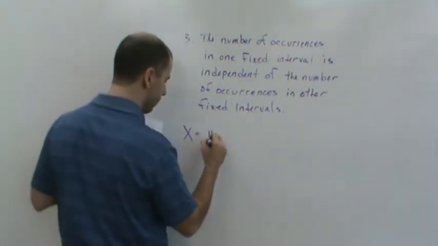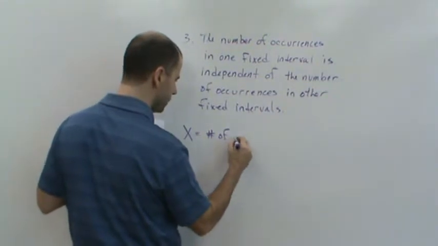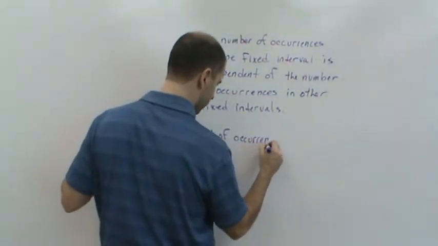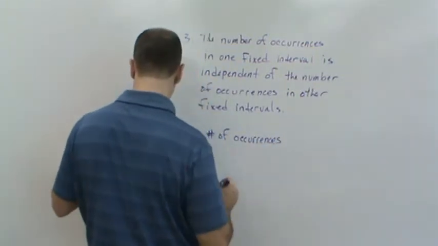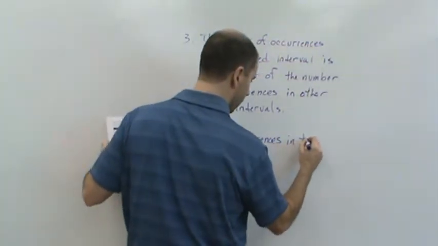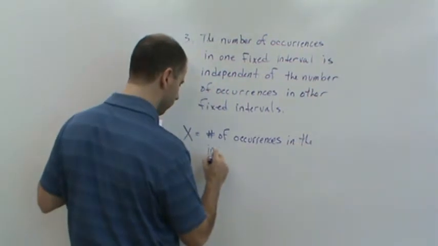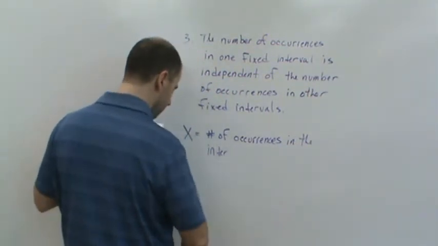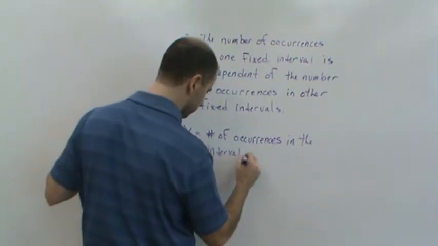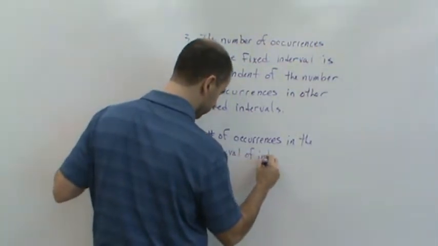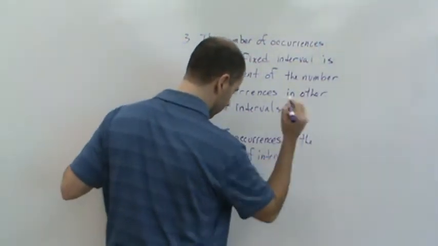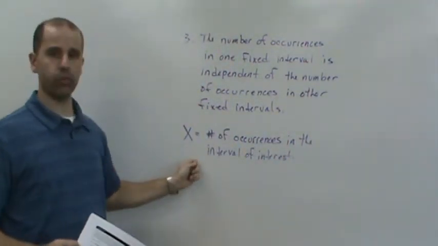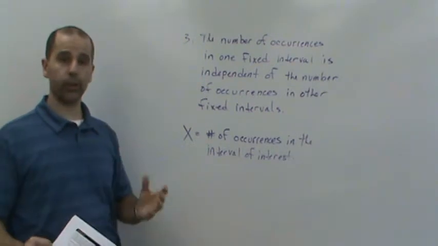So this is the number of occurrences in the interval of interest. Okay, that's it.